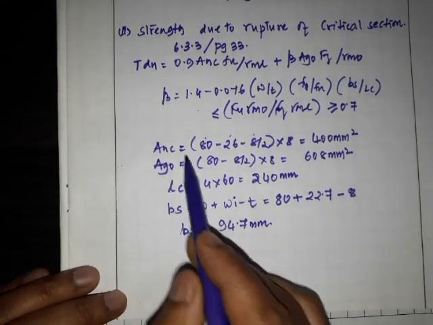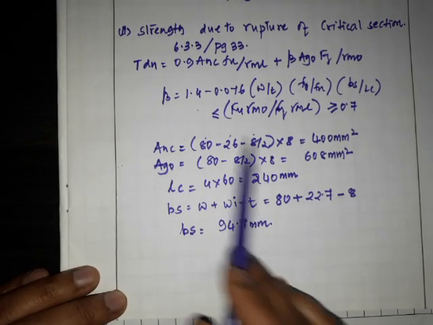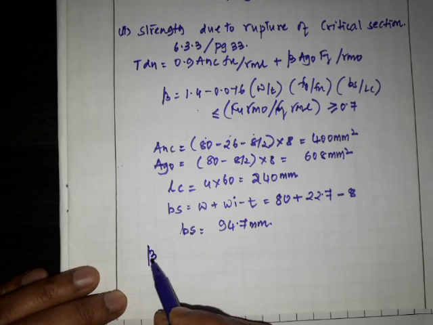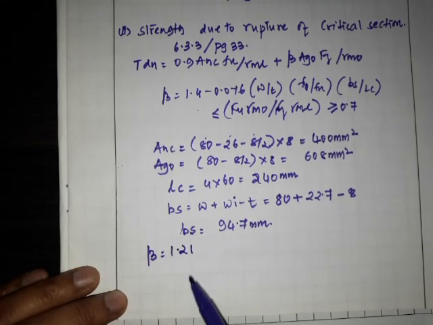By utilizing all those values, you have to find out first of all the beta. So we get the value of beta equal to 1.21.